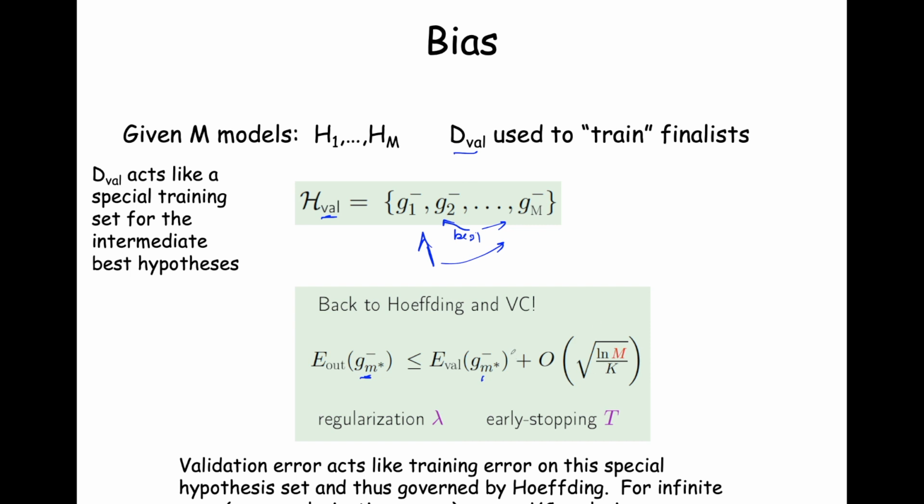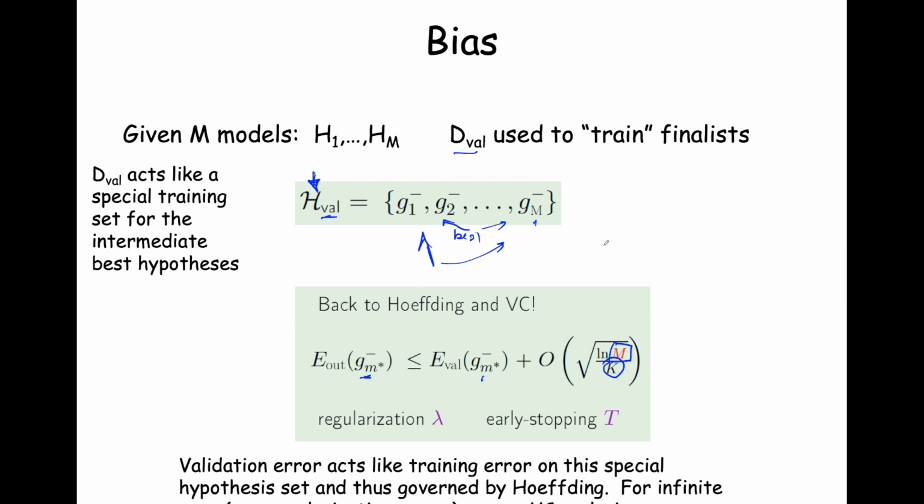And that complexity term is proportional to the size of the hypothesis set, HVAL, that's M. There are M many of these functions. And we have here K, the size of the validation set, which acts like the training data set size for this particular specialized hypothesis set. And so validation error acts like training error on this special hypothesis set, and therefore we can use Hoeffding's inequality to describe it. But for the infinite case, of course, like things like regularization parameters, we use a VC analysis.